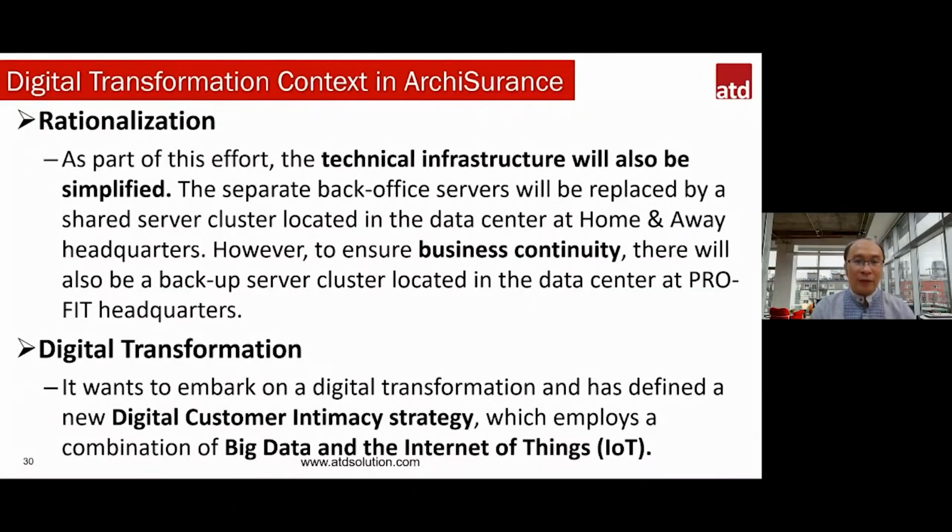Basically, they want to keep their existing clients and, of course, do cross-selling across three different groups of their clients. They're also going to embrace big data and the IoT, Internet of Things. You can see later how ArchiMate and enterprise architecture address the Internet of Things as well as big data to drive the transformation.